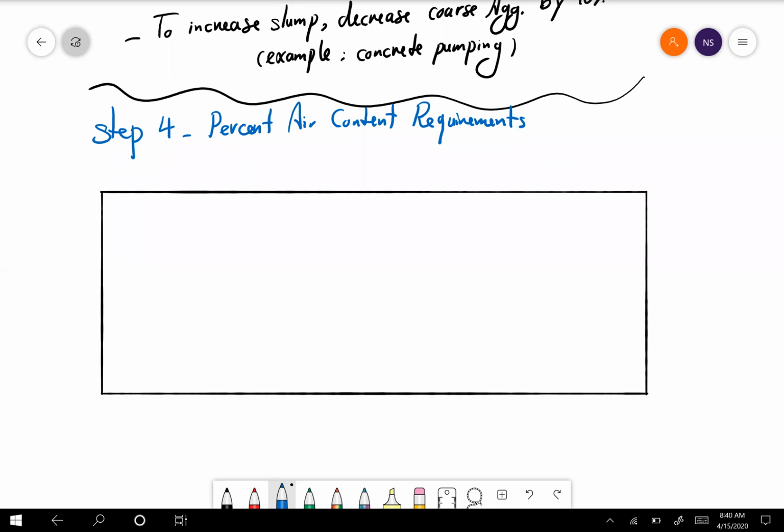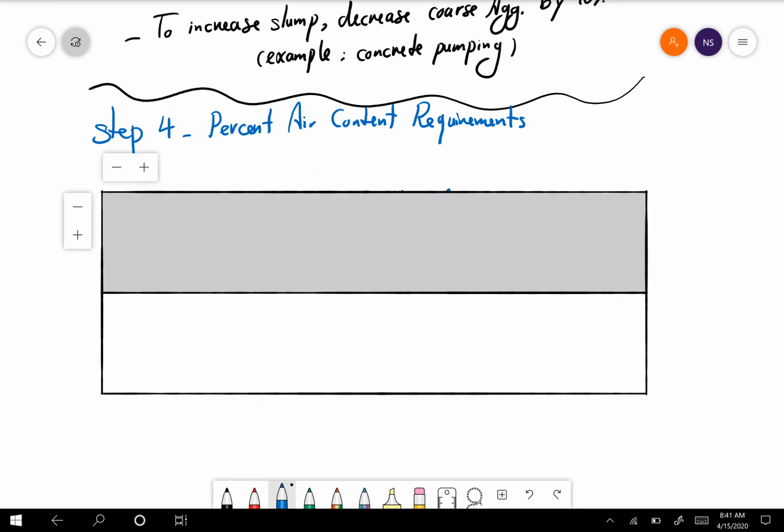And you basically have two types of concrete.